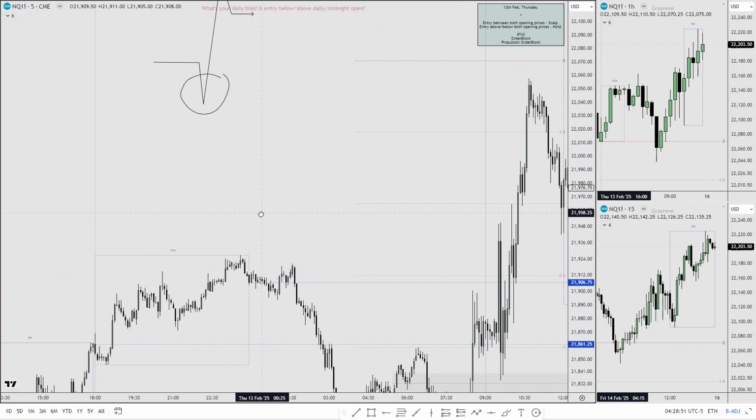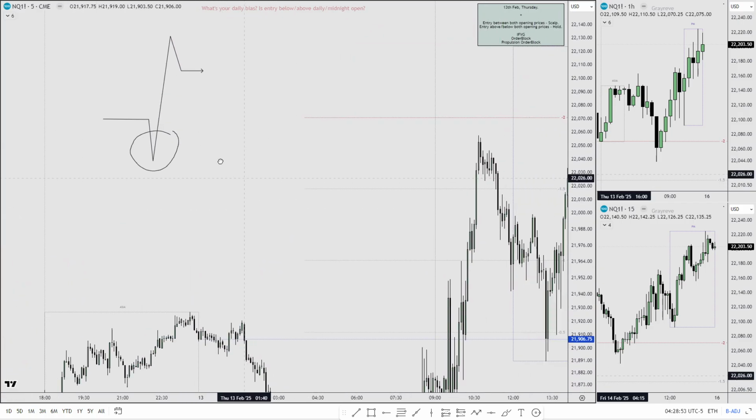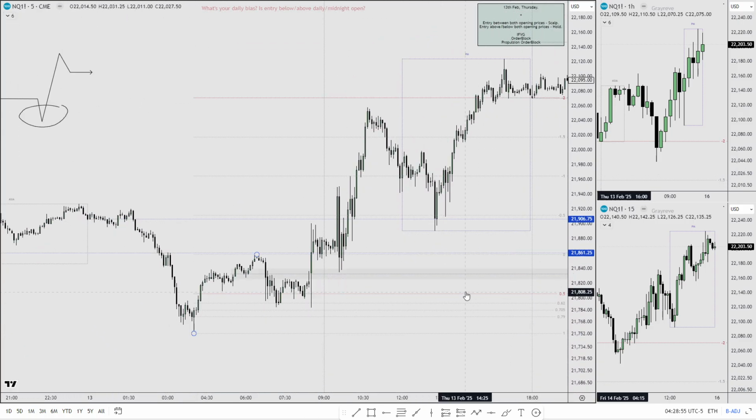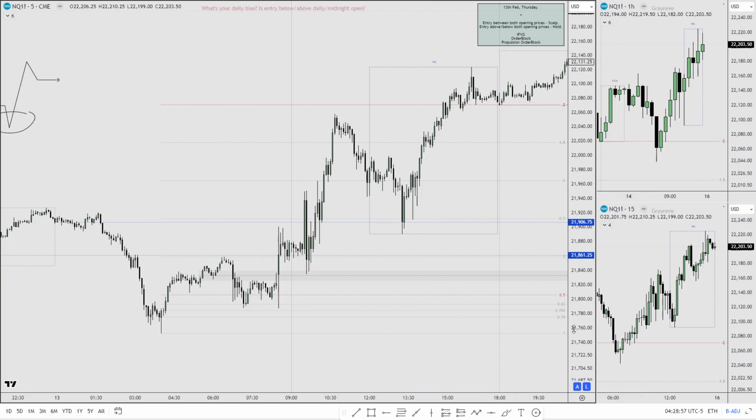Now, what does this model offer? It offers you a lot of comfort because you can move your stops to break even, and at the same time it is a very logical level as well. Why is that so?